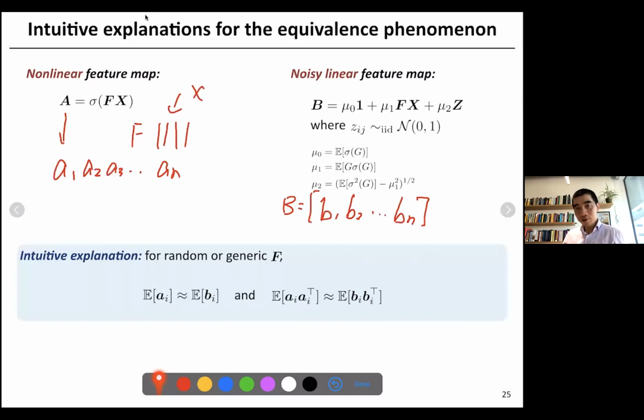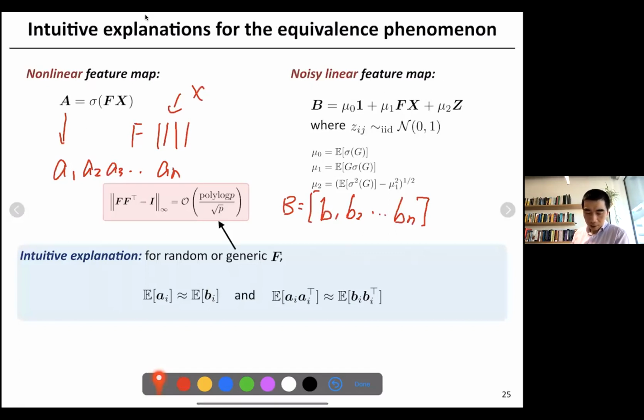The expectations of the random vectors are essentially matching. The covariances of the random matrices are also essentially matching. Then we can say the two versions are going to have the same asymptotic training and testing error because of universality.